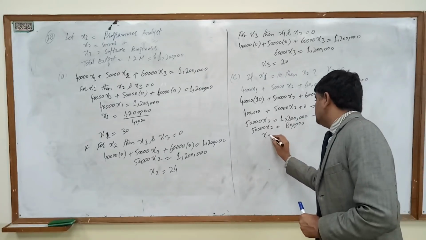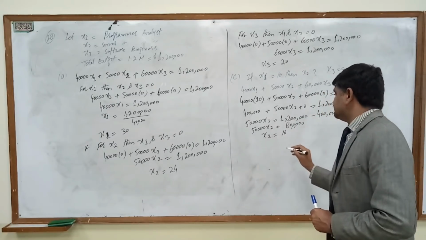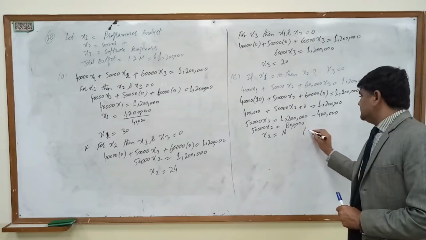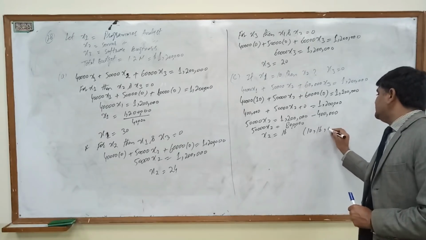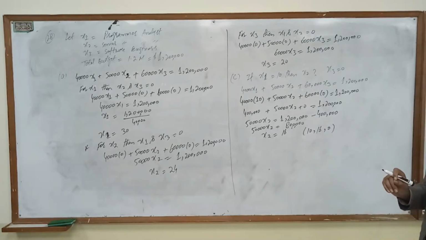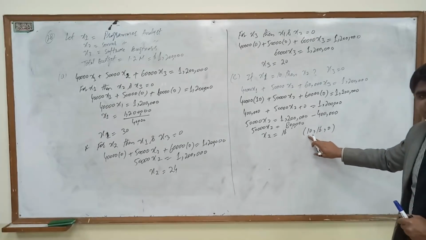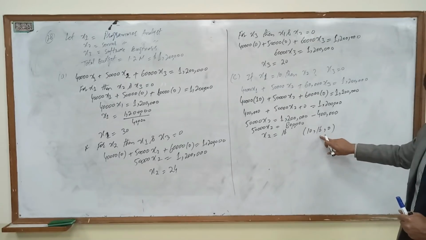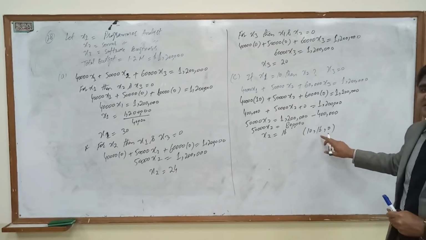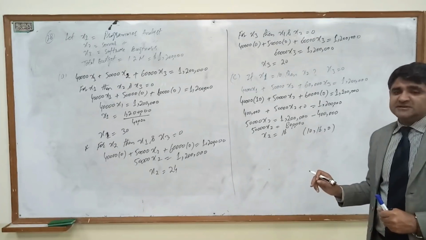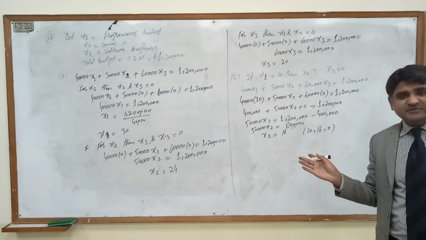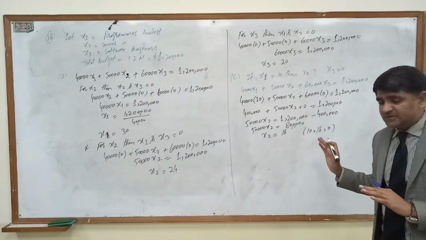Then x2 is equal to 16. What is the pair? 10, 16 and 0. What's the interpretation? If the number of programmer analysts is 10, then they can hire a maximum of 16 senior programmer analysts and none of the software engineers.